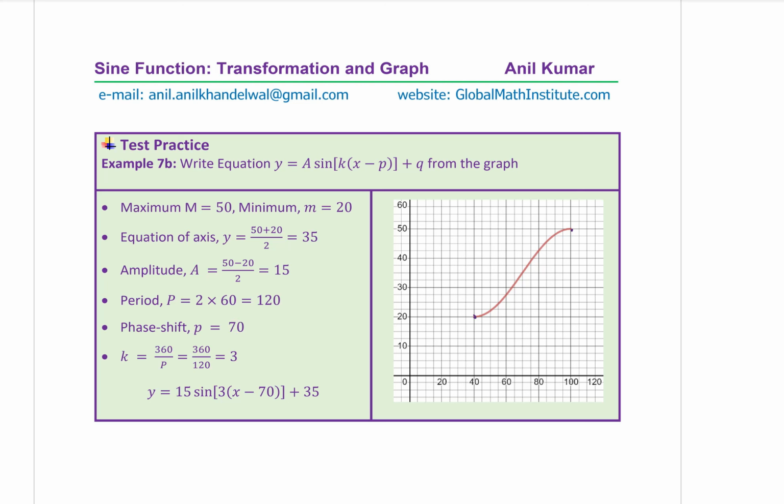The phase shift is the point where this point is. So you can read this point midway between 60 and 80, which is 70, and that gives you all the parameters. The value of k can be calculated as 360 divided by p, which is 3 in this case, and therefore you get your function right there.